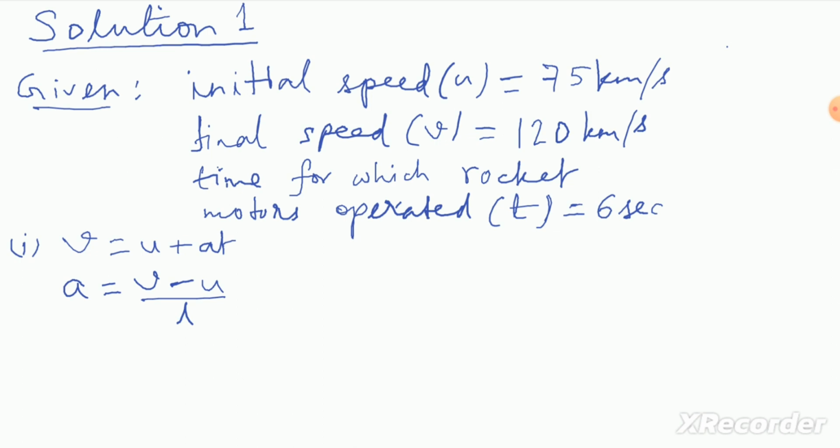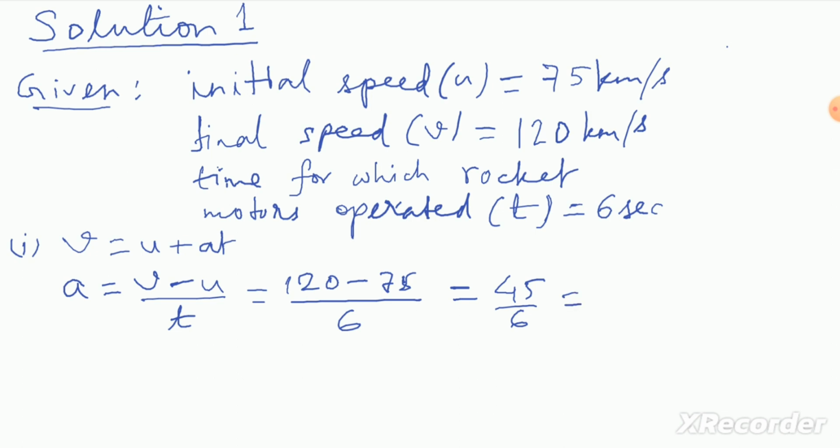Now v minus u is 120 minus 75, divided by 6. So 120 minus 75, how much does it turn out to be? It's 45. So this turns out to be 45 by 6 kilometer per second square.